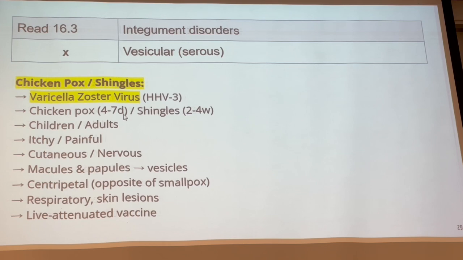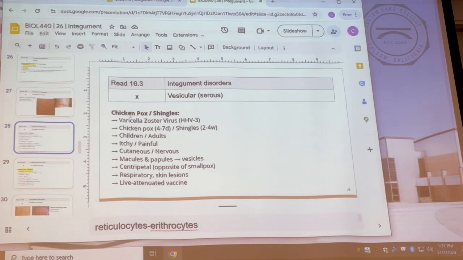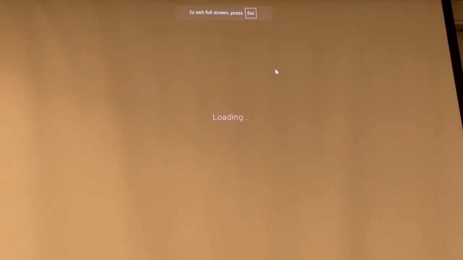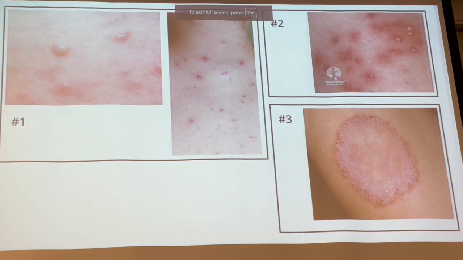Number 2, let me bring the image up. Here, that's a pus-filled rash, so that's a purulent rash. The organism for this one is Staph aureus.